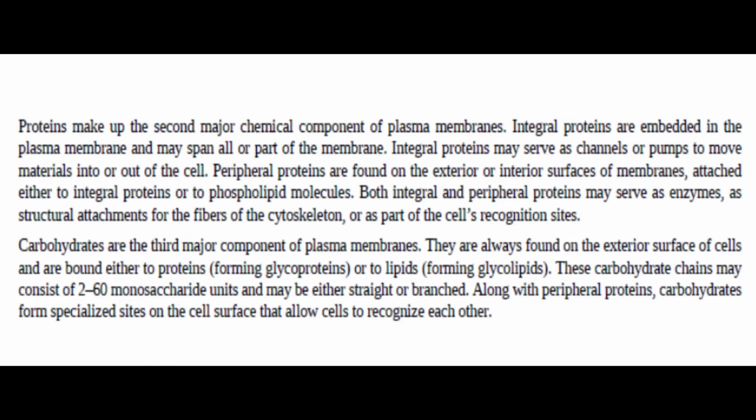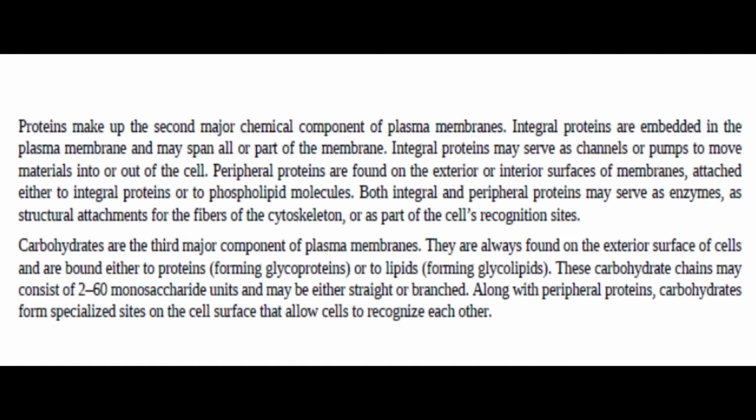Peripheral proteins are found on the exterior or interior surfaces of membranes, attached either to integral proteins or to phospholipid molecules. Both integral and peripheral proteins may serve as enzymes, as structural attachments for the fibers of the cytoskeleton, or as part of the cell's recognition sites.